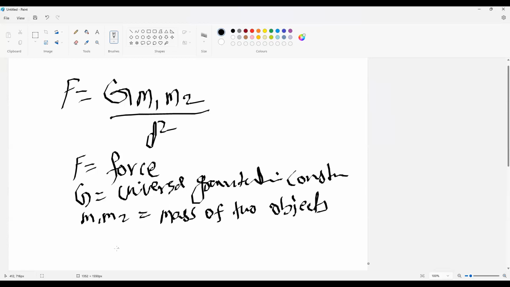So we can write G equal to force into D square divided by M1 M2.